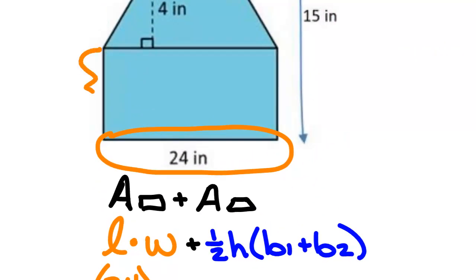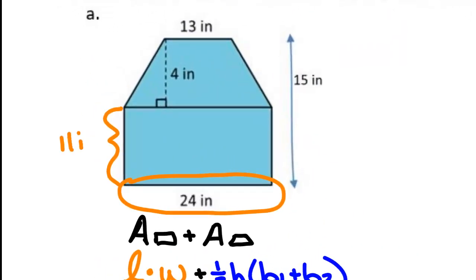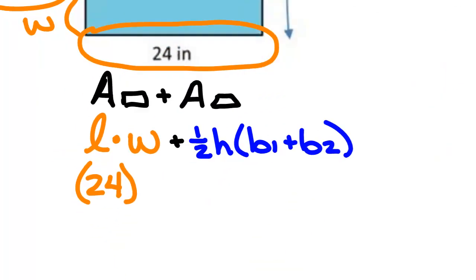And now I need from here to here. 11. How did you get 11? 15, subtracting this 4 right here. So 11 inches for my width. So 24 times 11 plus 1/2.